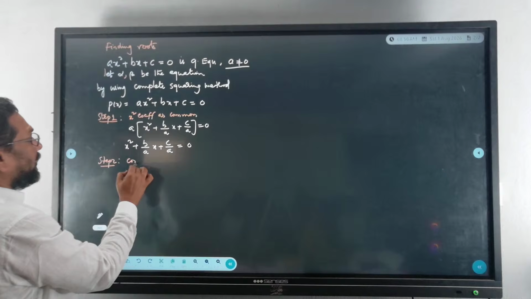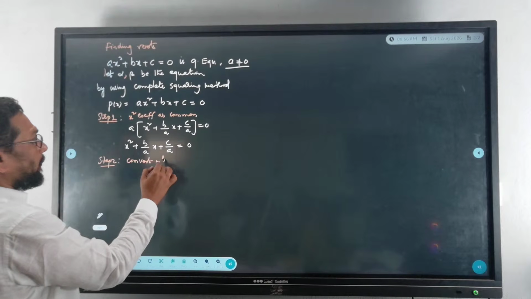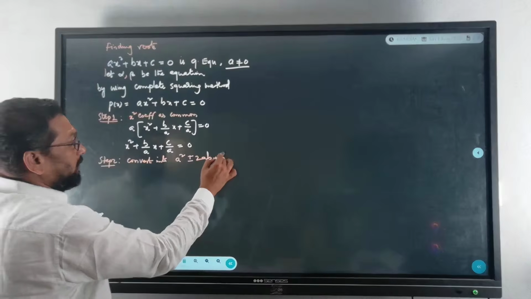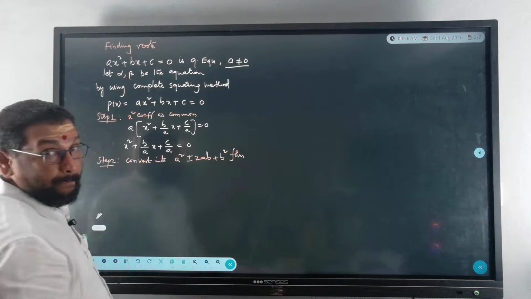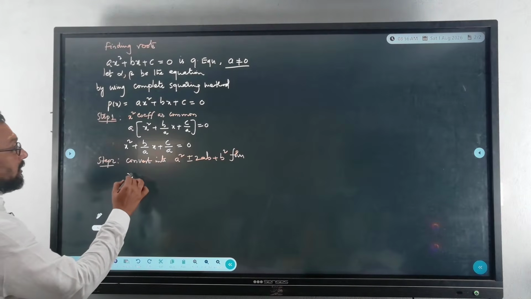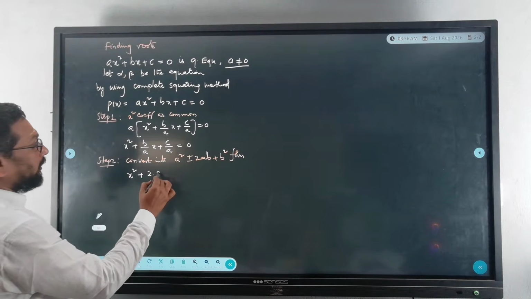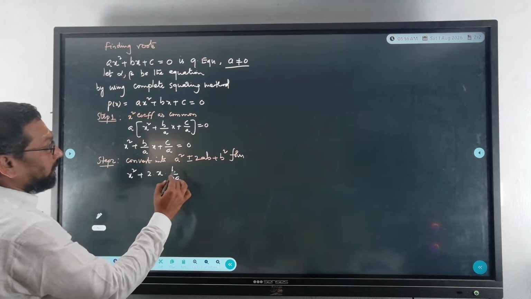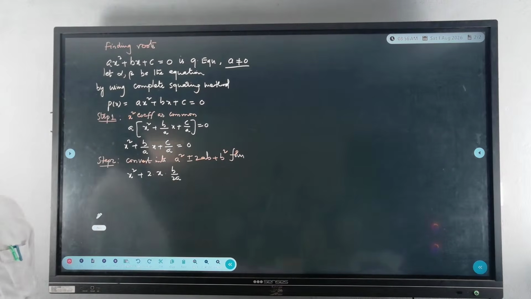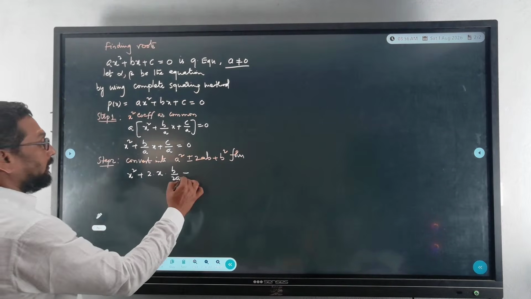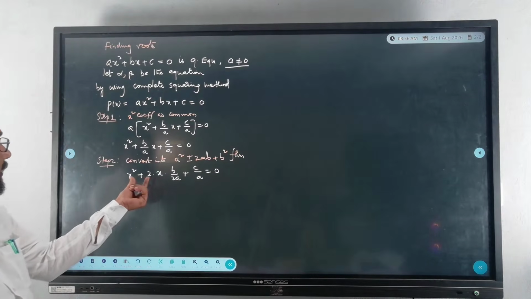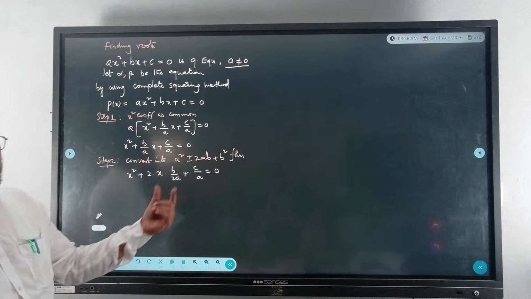So convert into a square plus or minus 2ab plus b square form. ఓకే, చూడండి ఇక్కడ x స్క్వేర్ ఉంది ప్లస్ 2 ఇంటూ ఎక్స్ ఇంటూ బి బై 2a ఉందనుకోండి, x ఉంది 2 బై 2 తీసుకున్నాం ప్లస్ సి బై ఏ ఈక్వల్ టు 0. సో ఇప్పుడు ఎట్లా ఉంది, ఇది ఏ స్క్వేర్ ప్లస్ 2ab ఉంది, దర్ ఇస్ నో బి స్క్వేర్.